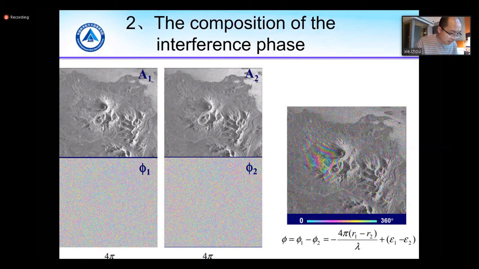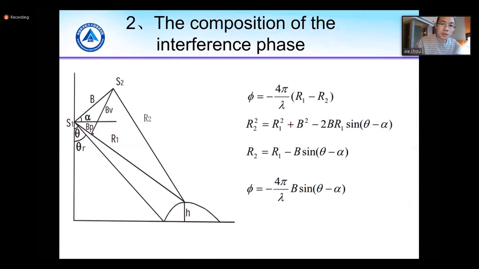Then I would like to analyze the composition of the interferometric phase. While the phase value of a single SAR acquisition is of low practical use, the difference of phase values between the two SAR acquisitions allows us to estimate range variation with very high accuracy.